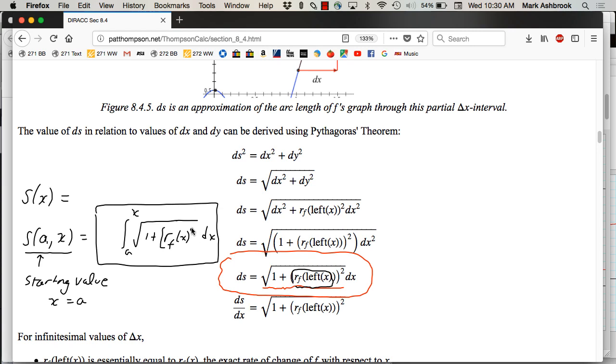Squared. Yep, I was just checking you guys. Accumulated arc length, right? This is the rate of change of arc length. We're starting at a and going to x, and there's our arc length function.